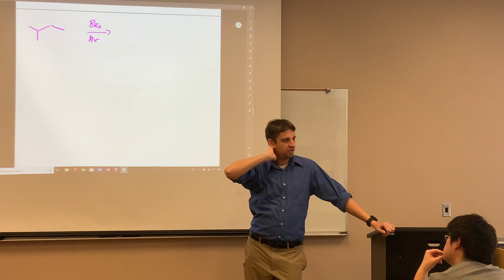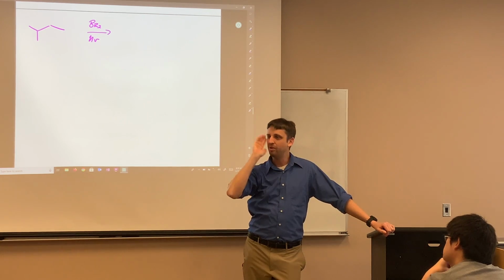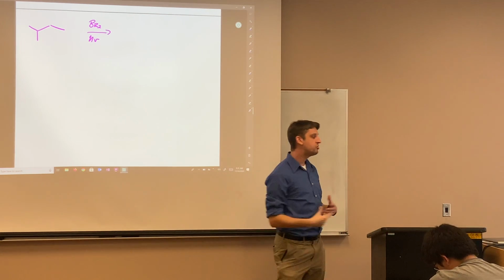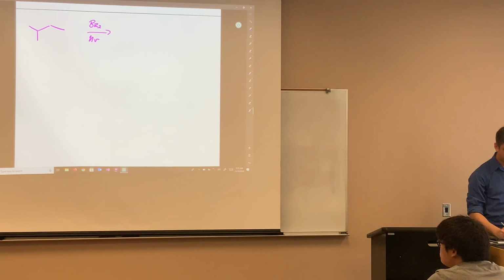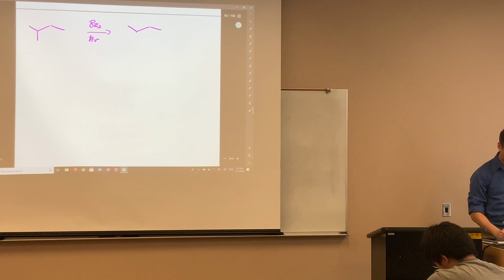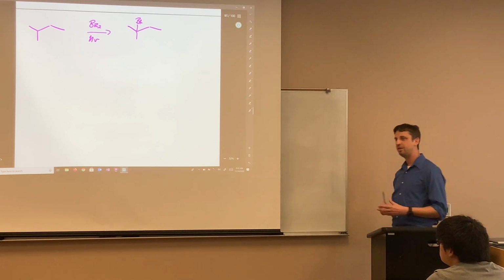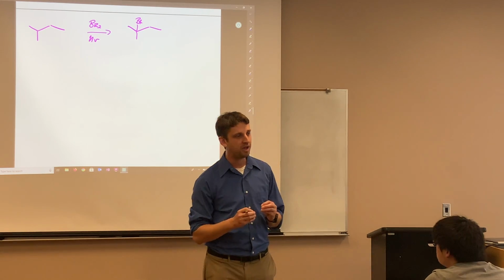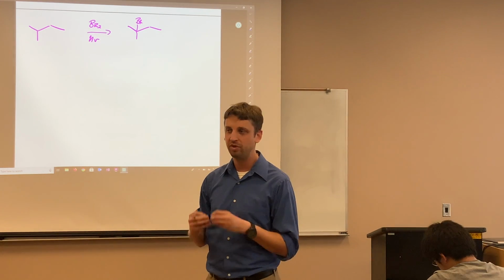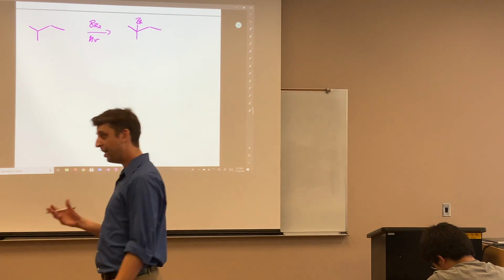If we try to do a halogenation reaction here, we're going to add a bromine to the most stable location for a radical intermediate. You guys catch what I'm saying with this? So when we go through and do this reaction, we're going to add the bromine to the most stable position for a radical intermediate. Got it?